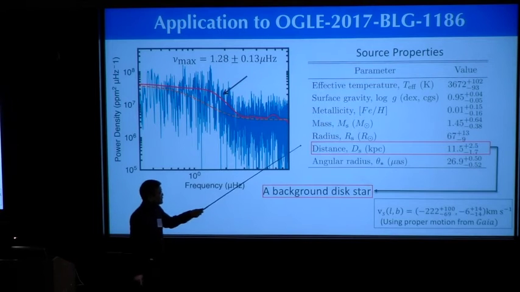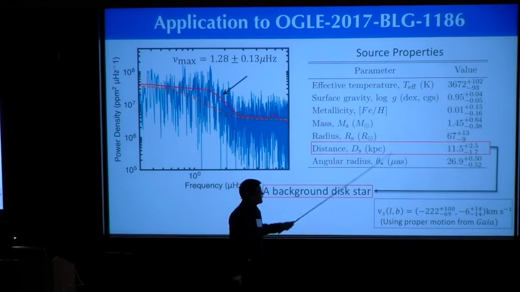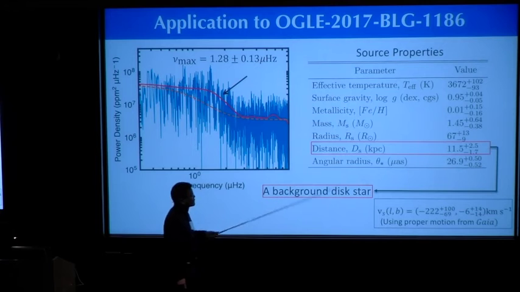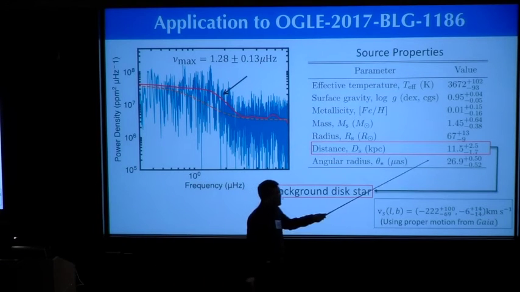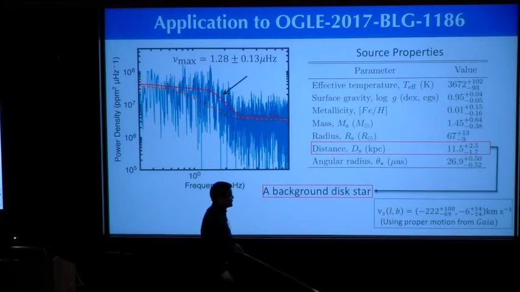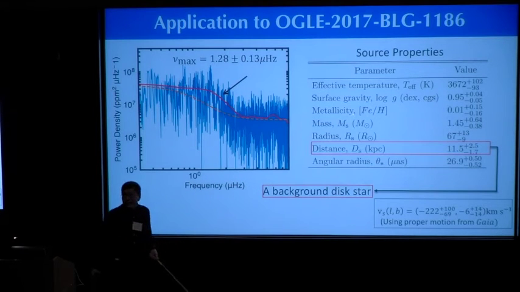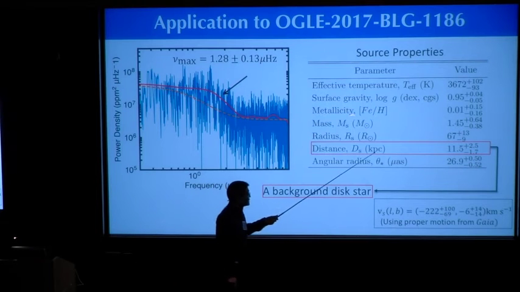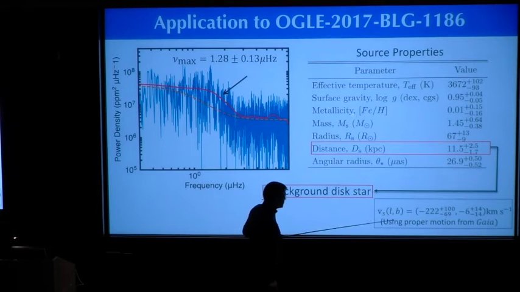The radius is quite large, about 67 solar radii. And the one quantity that is interesting is the source distance is 11.5, so it's behind the bulge. In fact, the source is so bright, we have Gaia proper motion, so we can multiply by the source distance to obtain the linear spatial motions.